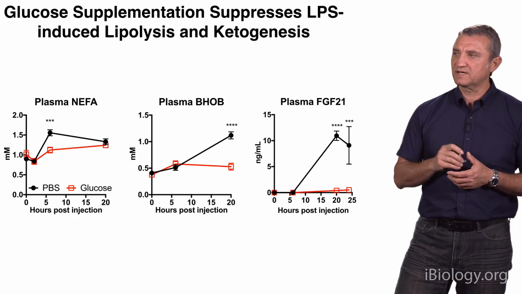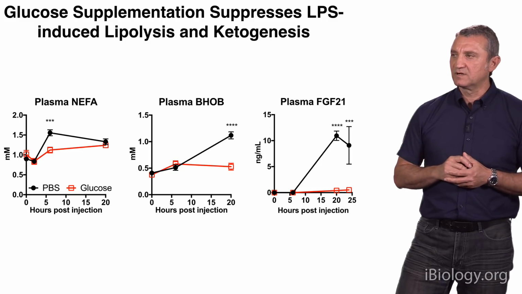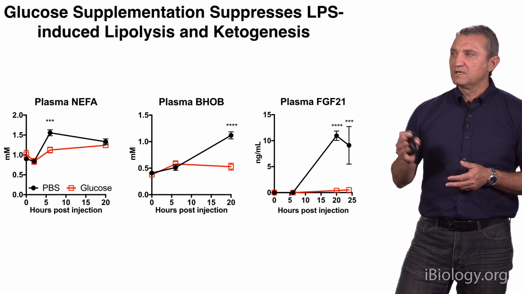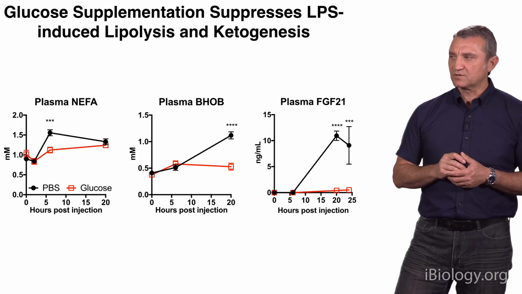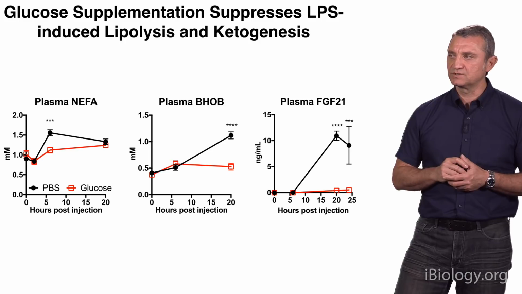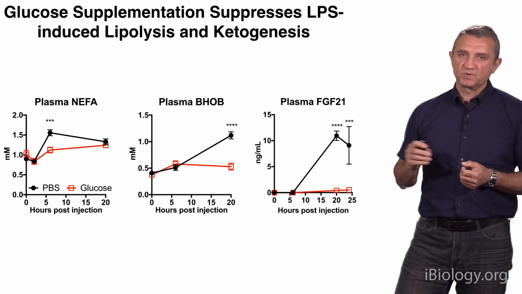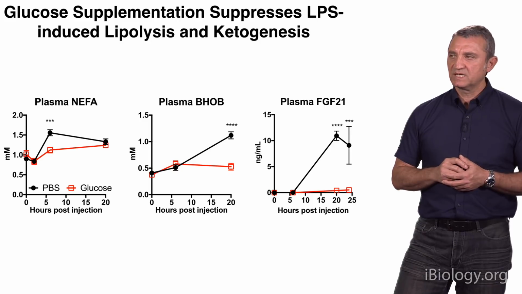You can see in the black line the fatty acid level in the plasma go up, and later beta-hydroxybutyrate starts going up, and the fasting hormone FGF21 is also strongly induced. But if we give mice glucose, then all these responses are shut down, and none of them happen.